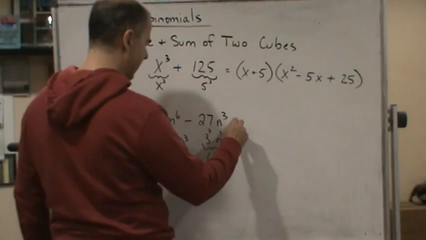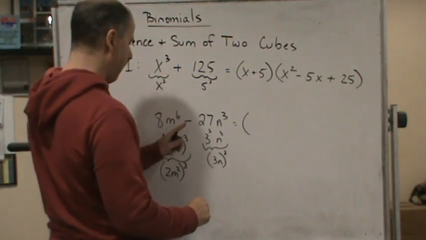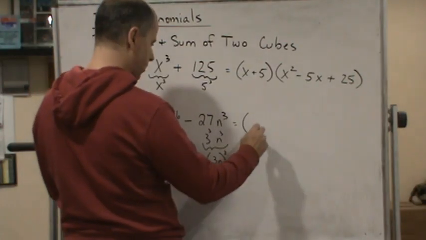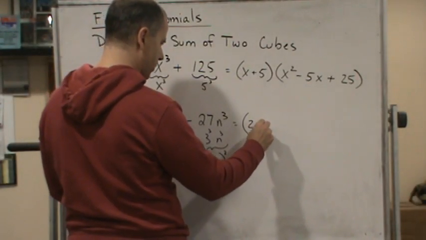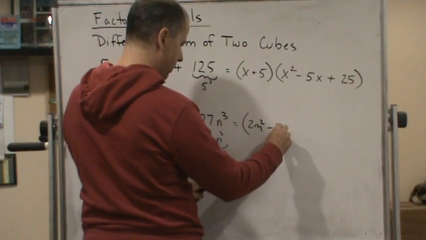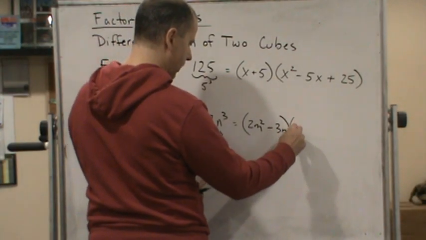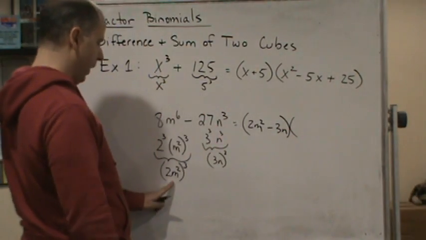So this is going to equal what? A minus B, which is going to be 2m squared minus 3n times what?